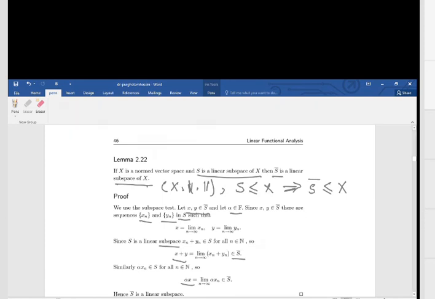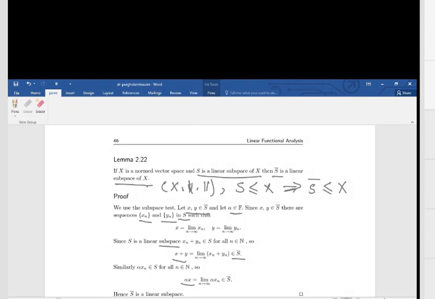So, because S is a linear subspace, xn plus yn is in S for any n. So the limit of xn plus yn, which equals x plus y, must be in S bar.